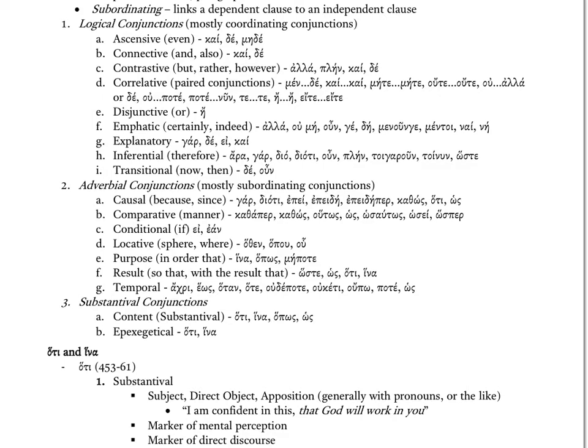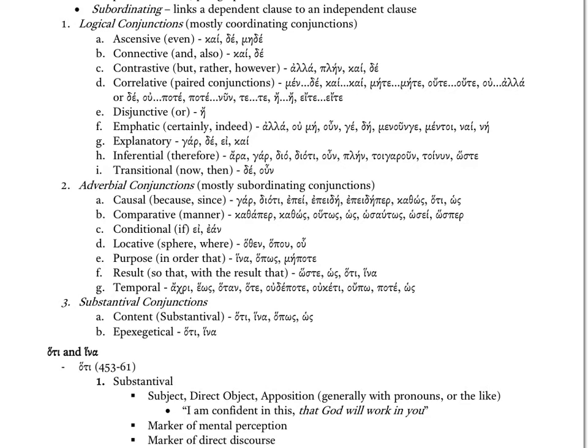So I have a whole bunch of stuff listed here, and I'd prefer it if you just looked at it and then maybe go through Wallace. There's a chapter in Wallace where he goes through and talks about these. I've given you this more as a reference sheet so you can see the different conjunctions and how they are related to specific logical categories: assensive, even; connective; and contrastive, but, rather, however.